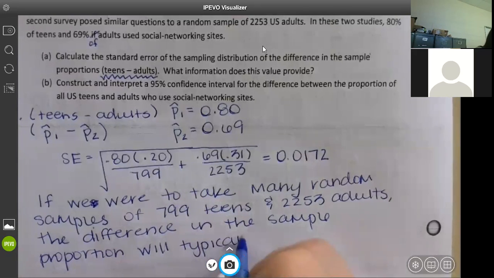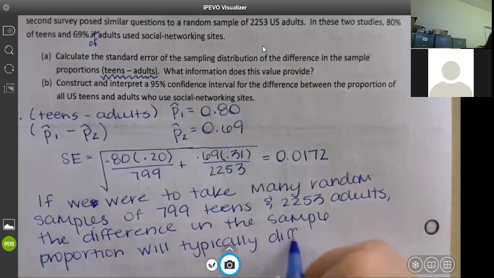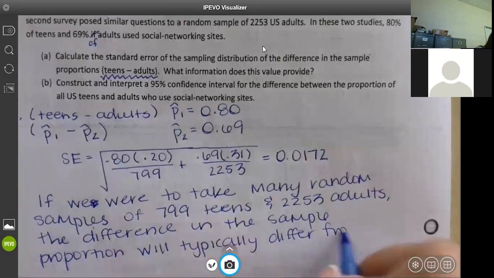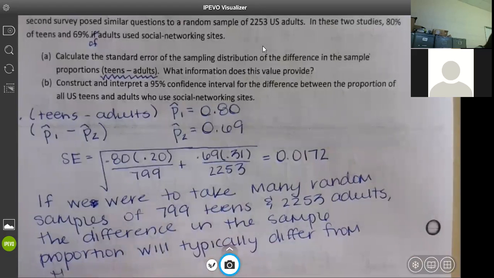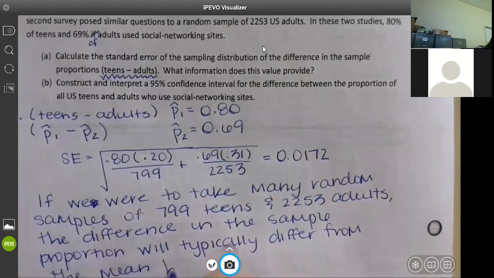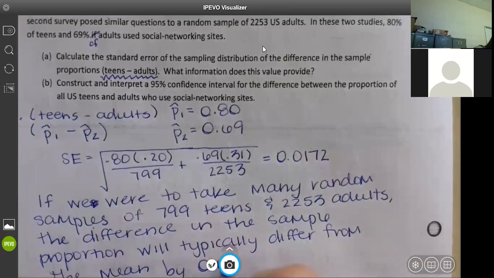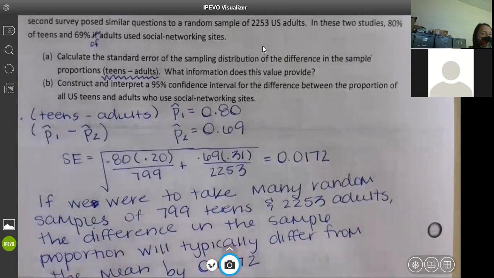That'll help you a little bit. Typically differ from the mean by 0.0172.